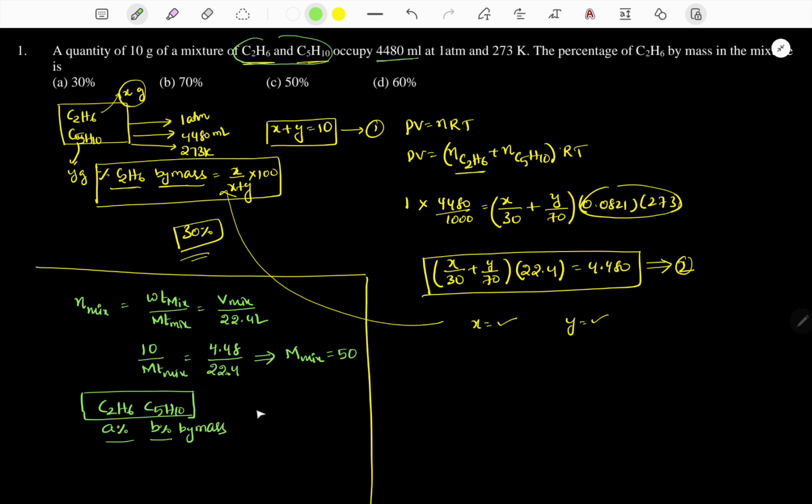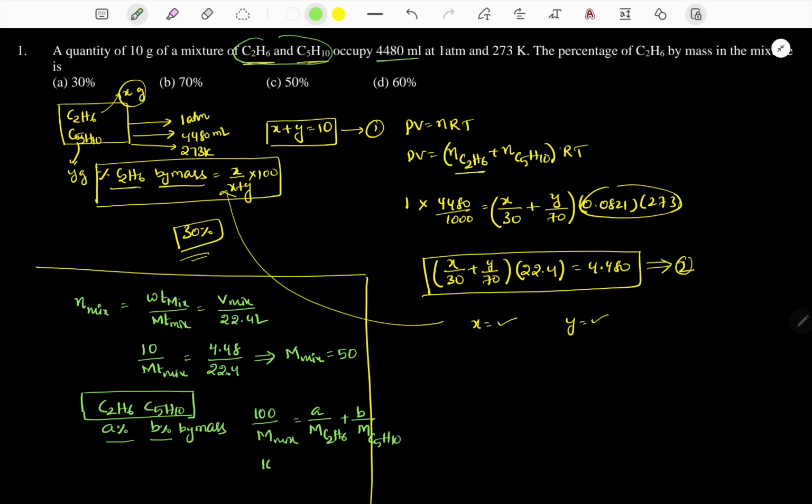Then the formula is 100 by molecular weight of mixture equal to A by molecular weight of C2H6 plus B by molecular weight of C5H10.